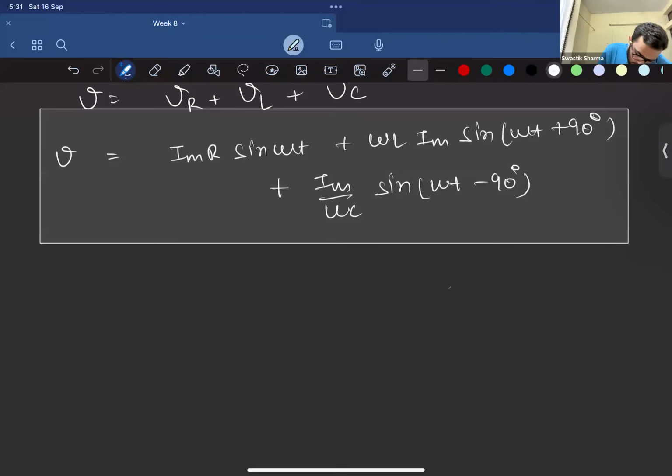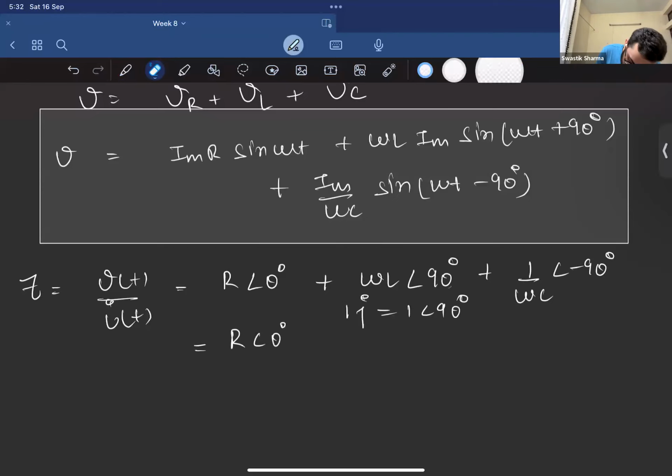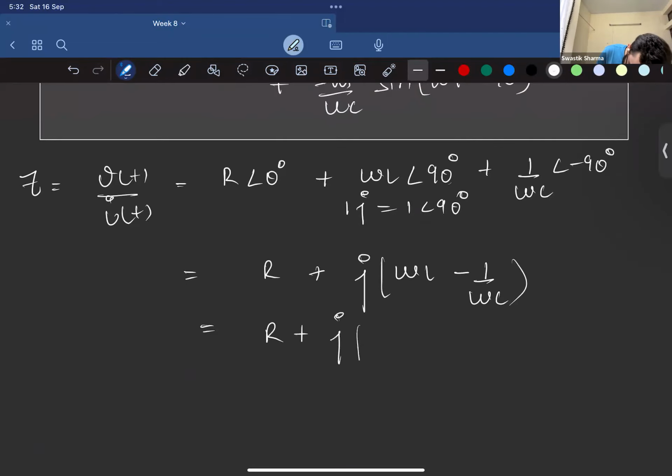So impedance is VT upon IT. It was R at an angle of 0, because it was both sine omega t only, plus omega L at an angle of 90 degrees, plus 1 upon omega C at an angle of minus 90 degrees. Since 1 angle 90 degrees is represented by the imaginary unit j, this would be R plus j(omega L minus 1 upon omega C), or R plus j(XL minus XC).